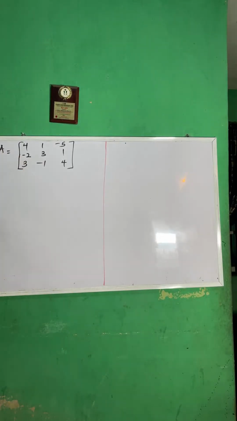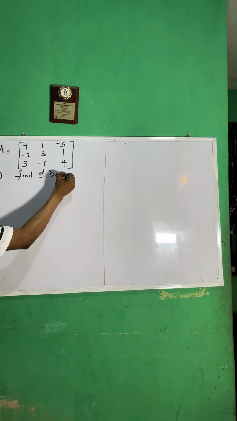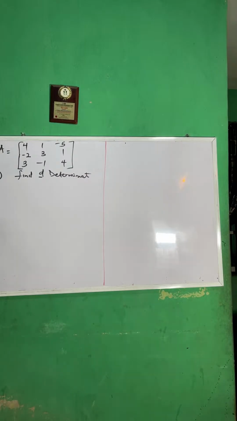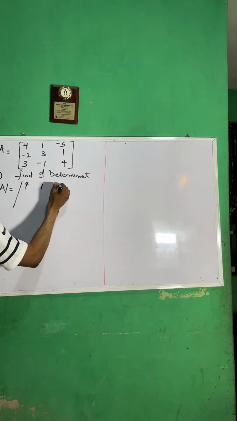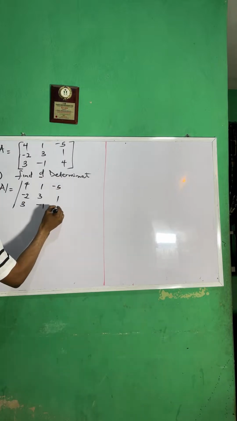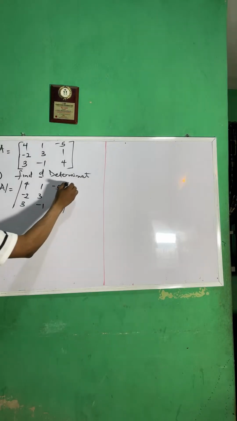So let's find the determinant of A, which is 4, 1, minus 5; minus 2, 3, 1; 3, minus 1, 4. This is the determinant of a 3 by 3 matrix.